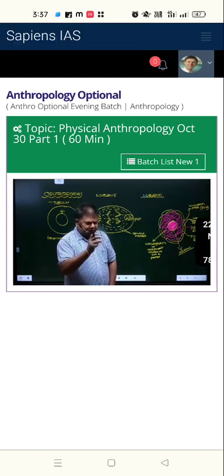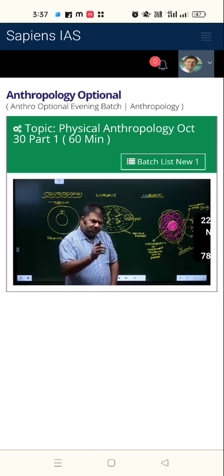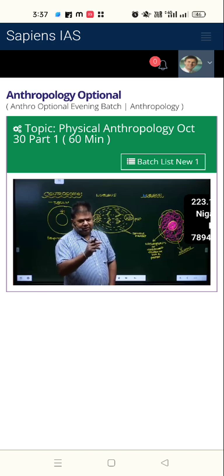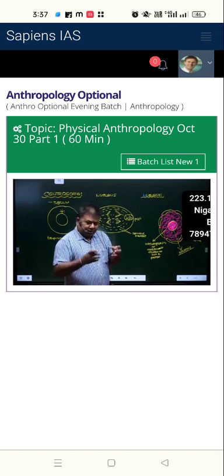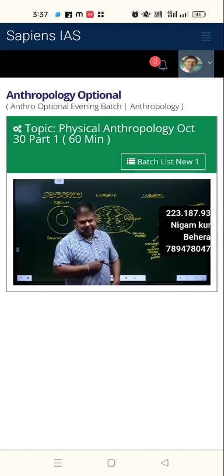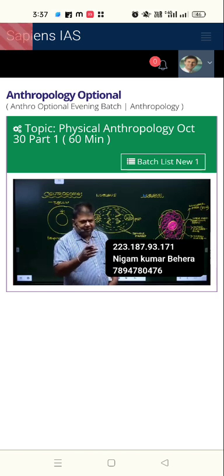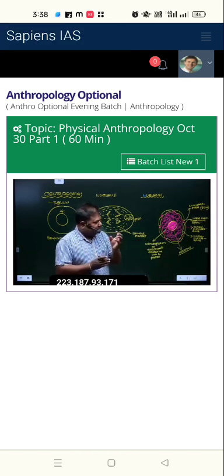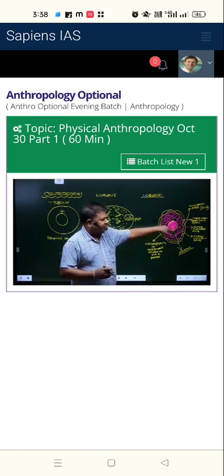Not every one of the 46. Out of 46 chromosomes, some chromosomes have a specific part which is called secondary constriction. समझा ना? When chromosomes having this secondary constriction come together, it gives an appearance of a ball-like structure.